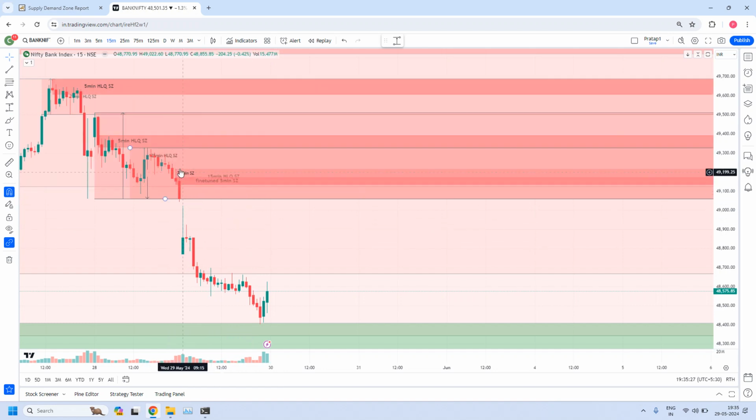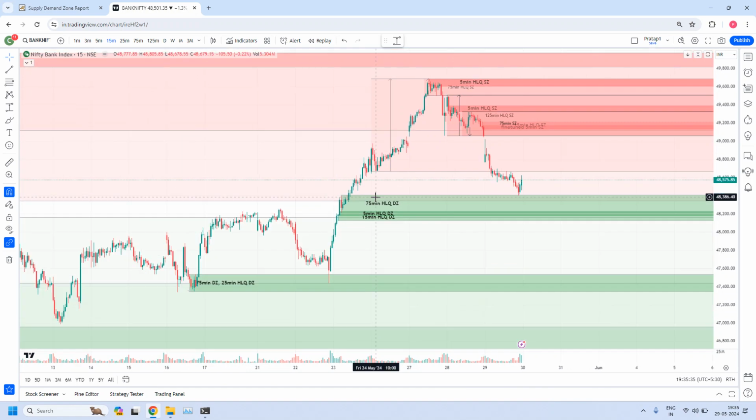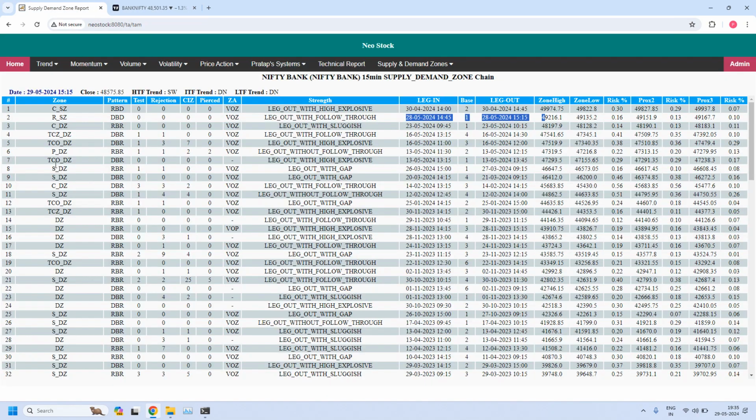And this is inside the 75. This 75 is inside the daily high liquidity zone. And today no 15-minute zones were created. Here, the immediately available demand zone, 23.5, 9.45.